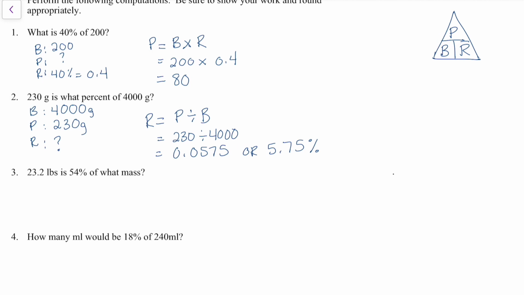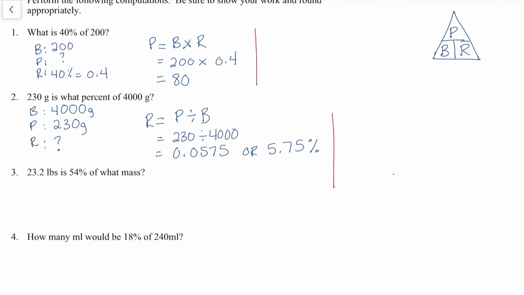Okay, so I also said I was going to mention how to solve this using proportions, because we've been doing some work with proportions in this unit. And so I'm going to show you how you can do the same thing using the proportion setup. So what I'm going to do is set up my units on one side and my percent on the other.